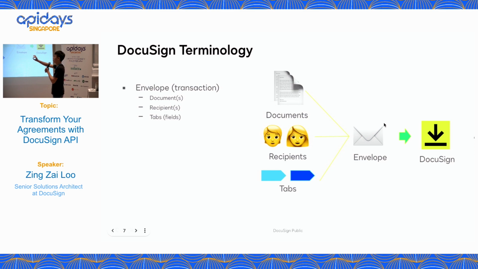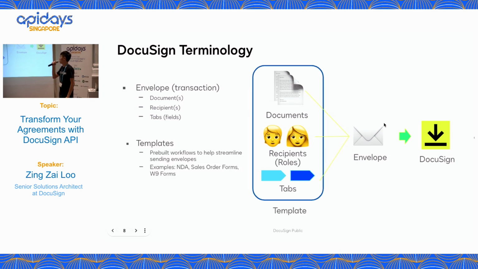We are just putting the fields or the tabs on the documents in specific areas so that my recipient will sign at the correct place. By the way, the sticky note won't jump around and fall out, that kind of thing. So this is one additional benefit, which you will see later on in my demo where I talk about recipients and the fields.